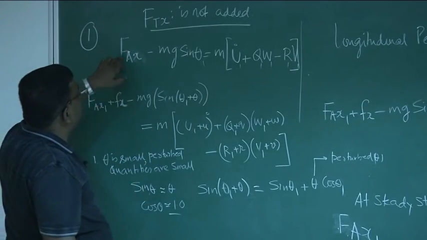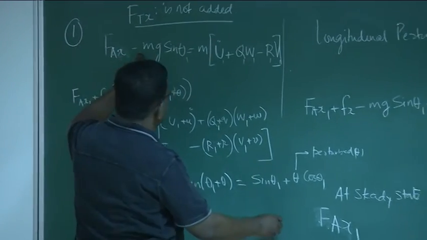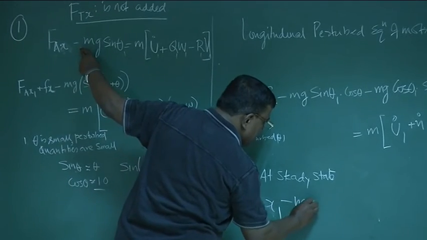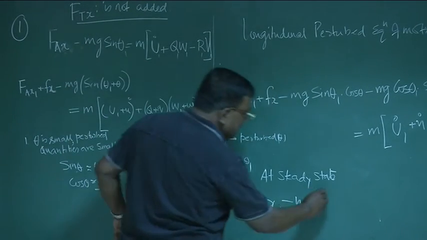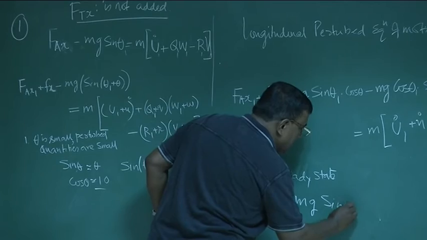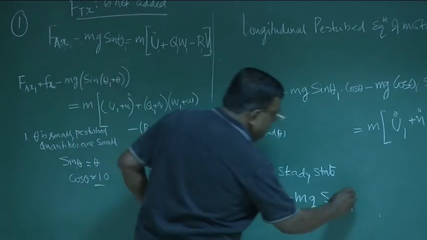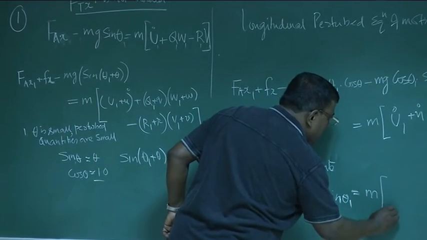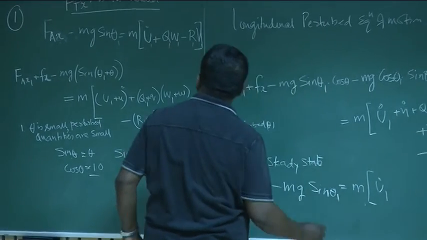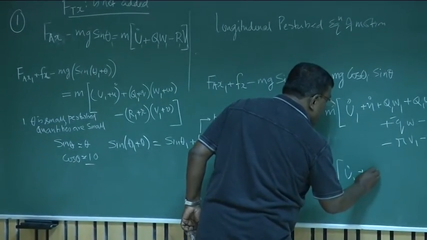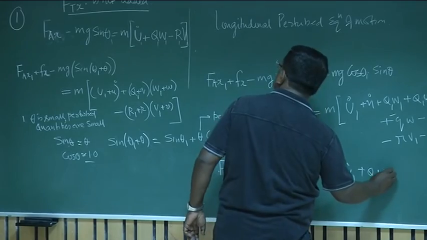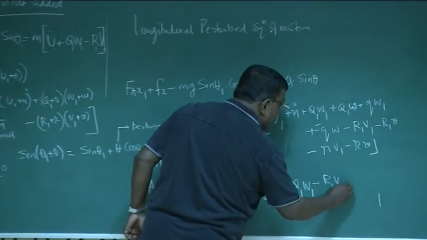So at steady state, this is FAx1 minus mg sine theta 1, right, equal to m times u1 dot plus q1 w1 minus r1 v1.